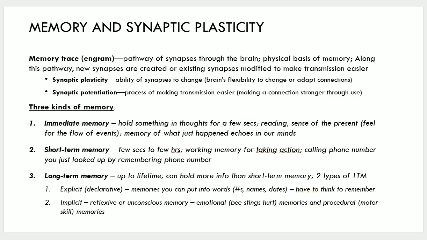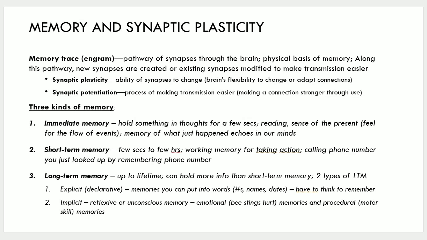Another one would be names of people or different important dates or birthdays. You have to think about them to remember them. And then we have implicit memories, so reflexive or unconscious memories. These can be tied to emotional memories, like you got bitten or you got stung by a bee and it hurts.